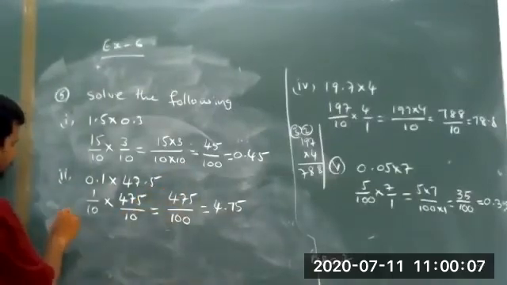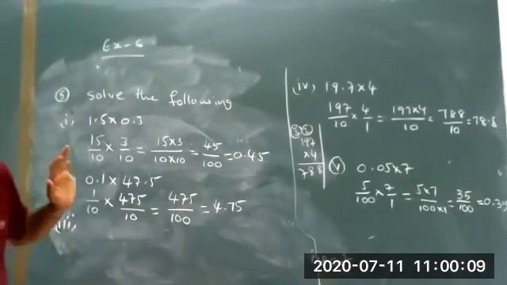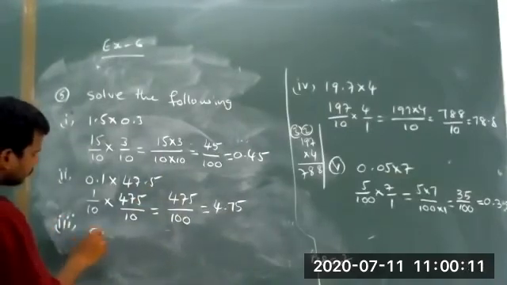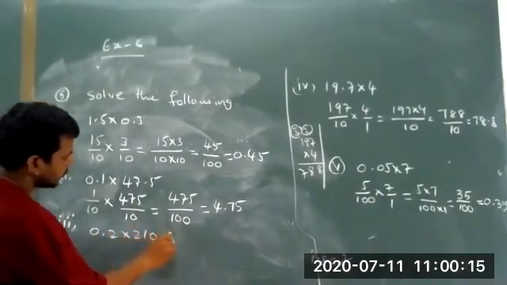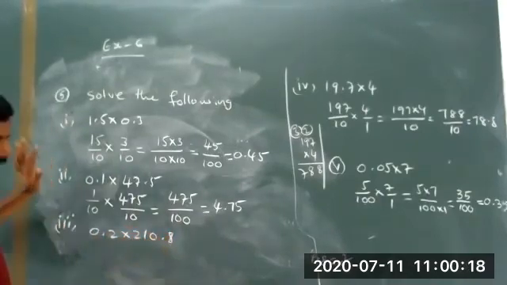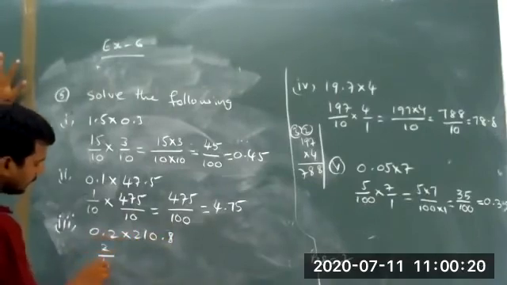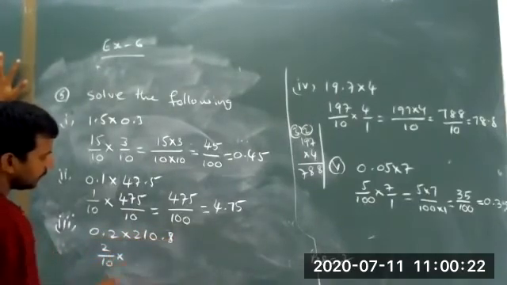Now the third one. 0.2 into 210.8. So this is 2 by 10 into 2108 by 10, because here the decimal value is only 1.